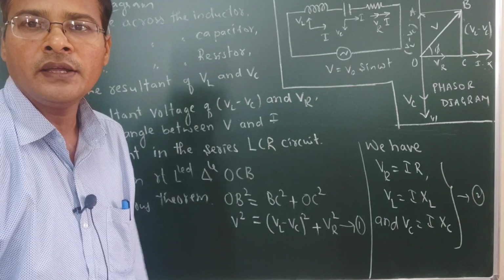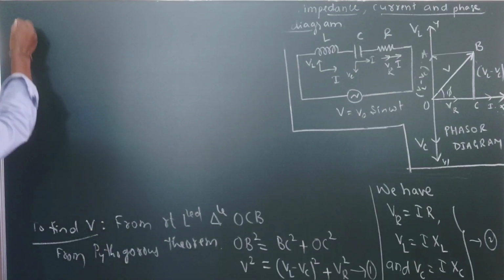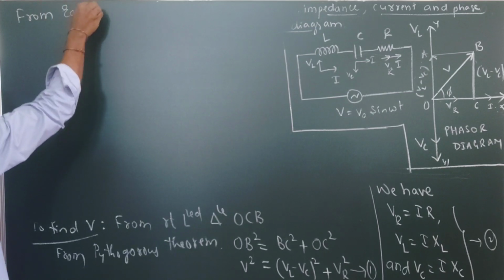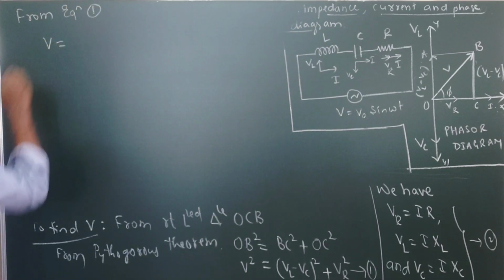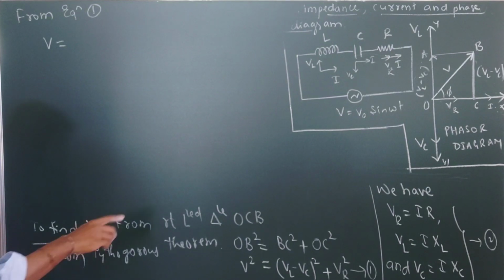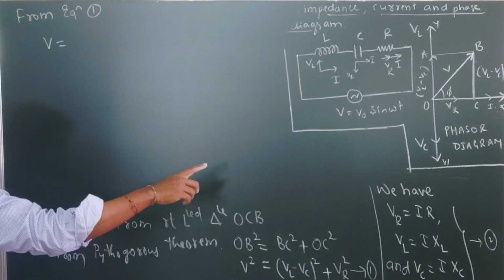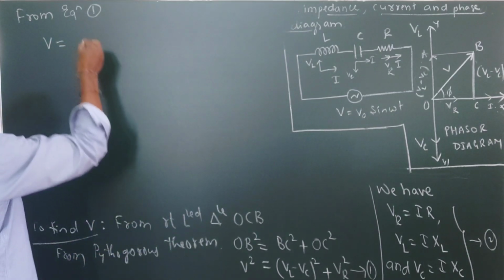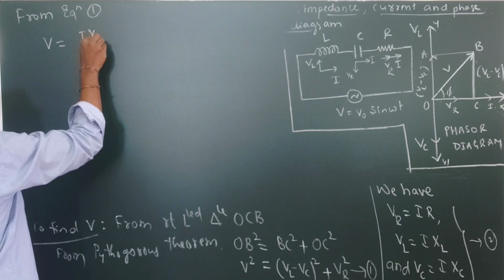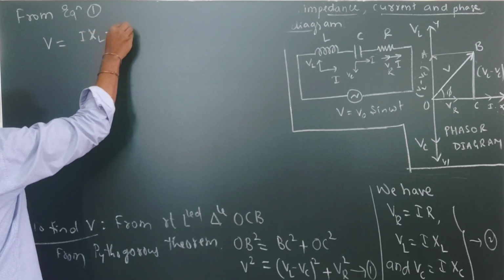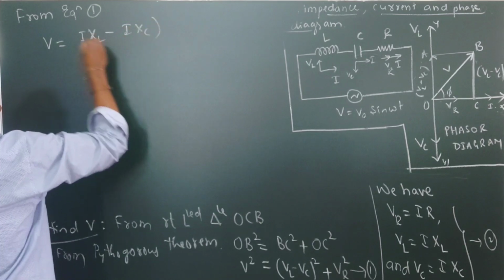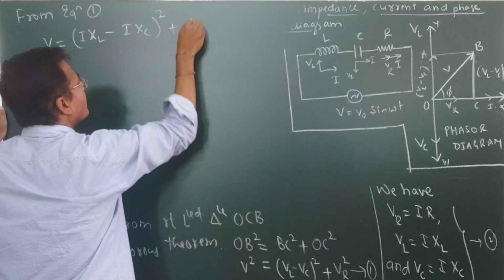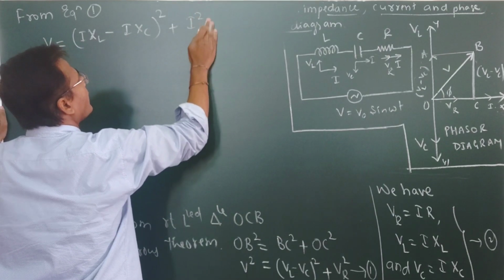So rewriting from equation 1, we substitute the values of VR, VL and VC: V square equals I into XL minus I into XC, whole square, plus I square into R square.